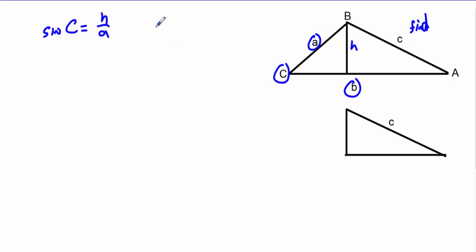And likewise, I can say the cosine of angle C, let's call this x, cosine of angle C is equal to the adjacent, which is x, over the hypotenuse, which is a. So now I know that h is equal to a sine C, and I know that x is a cosine C.